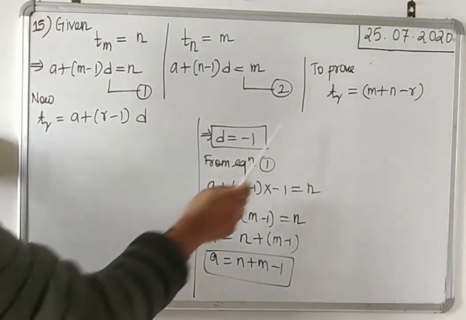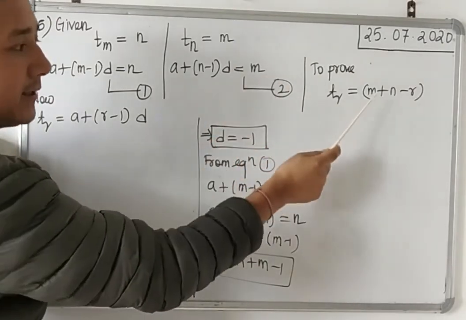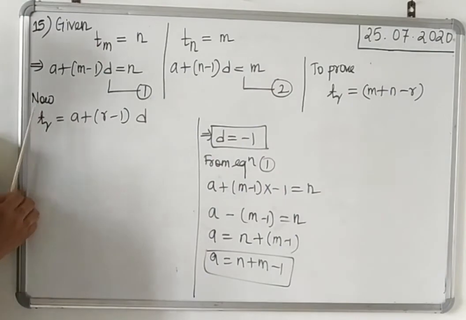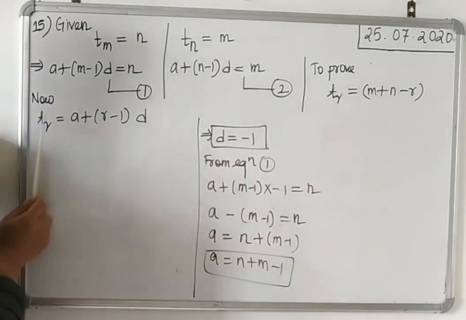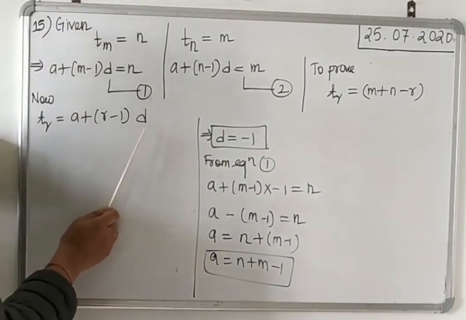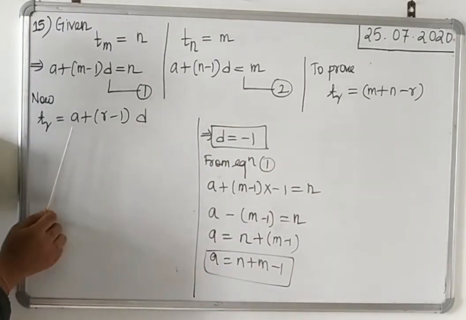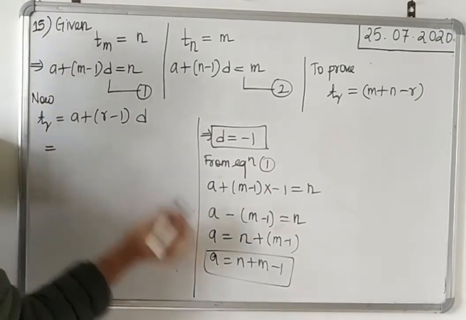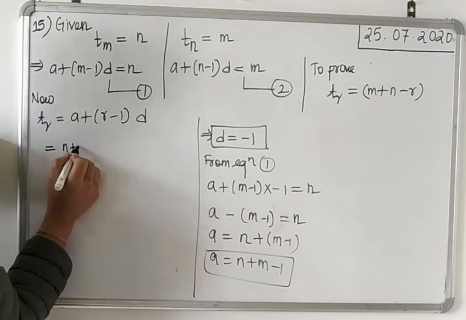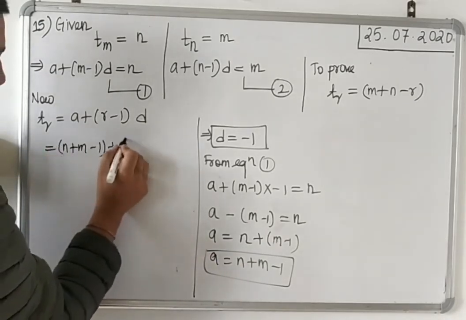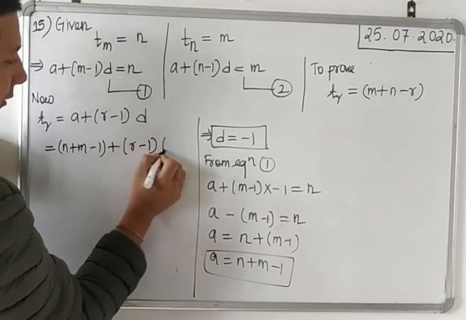Now we need to prove Tr is m plus n minus r. We have to prove Tr equals this, but we also know Tr as a plus (r minus 1) into d. We know the value of d, we know the value of a. Let us put the values. So a is n plus m minus 1, plus (r minus 1), the value of d is minus 1.